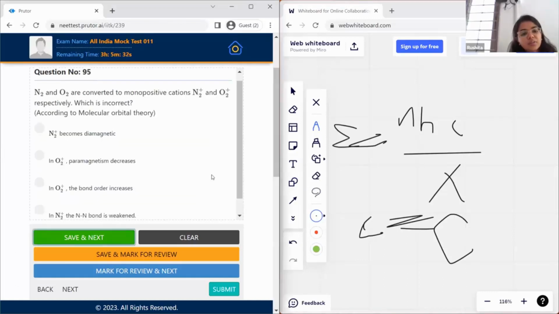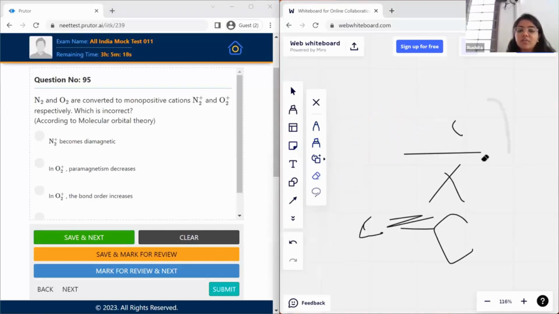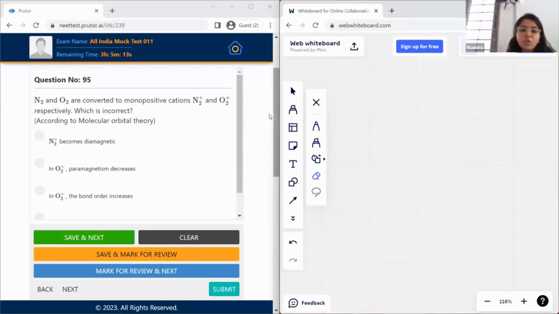Next: N2 and O2 are converted to monopositive, N2 plus and O2 plus, which is incorrect. You need to know the molecular orbital theory here. You need to know how to form the structures, which orbitals would get filled when N2 and O2 are converted. In N2 there are 10 valence electrons, and in N2 plus the valence electrons would decrease. So it would be paramagnetic, not diamagnetic.